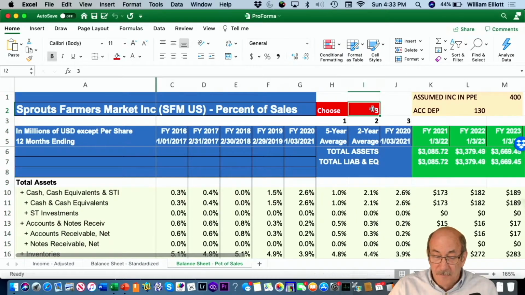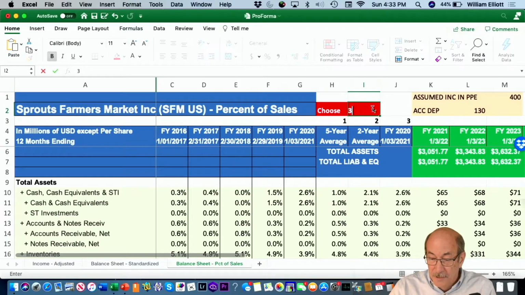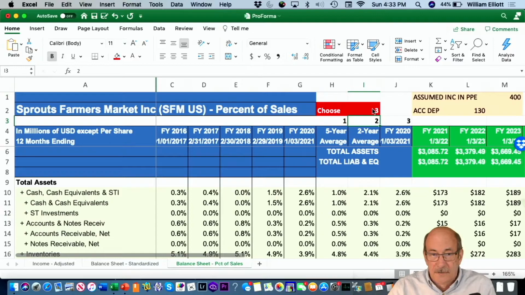So here is my index. This is where I pick which column I want to use. So watch what happens when I change this to a 1, and you'll see the cash balance change. All right. And when I change it back to a 3, it should switch back.